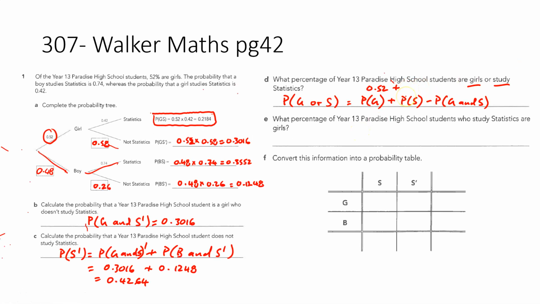So the probability is we have to add 0.3552, which on our calculator, 0.52 plus 0.3552, gives 0.8752, or 87.52%.